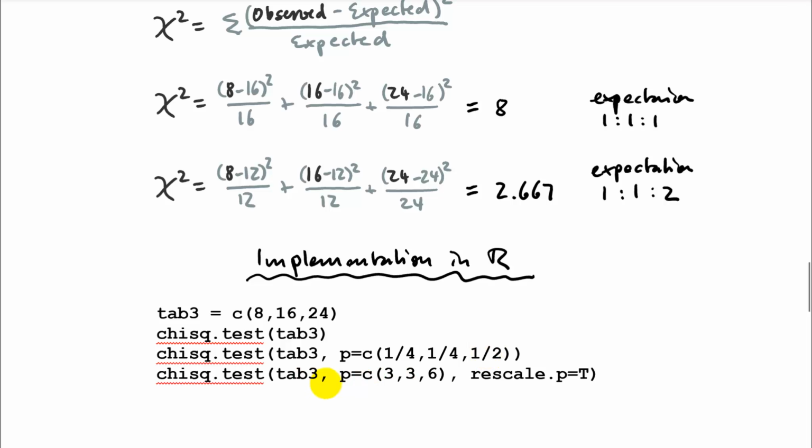Or the other way that you can state your expectation is you just put your weighting factor here. So if your weighting factor is 3 hours, 3 hours, and 6 hours of trying to catch each of those species, then you can put that there. And then you have to say rescale p equals true. So then it converts this p into proportions that add up to exactly 1.